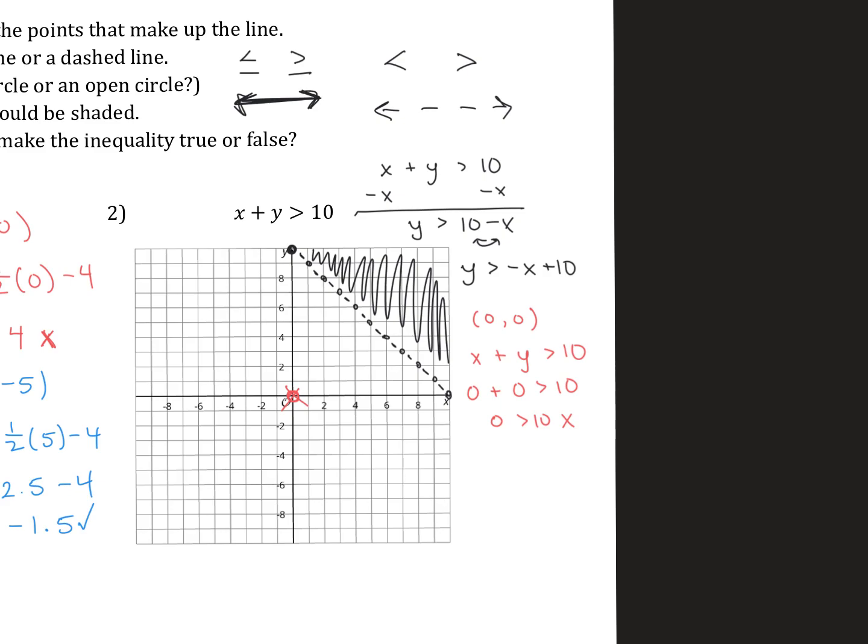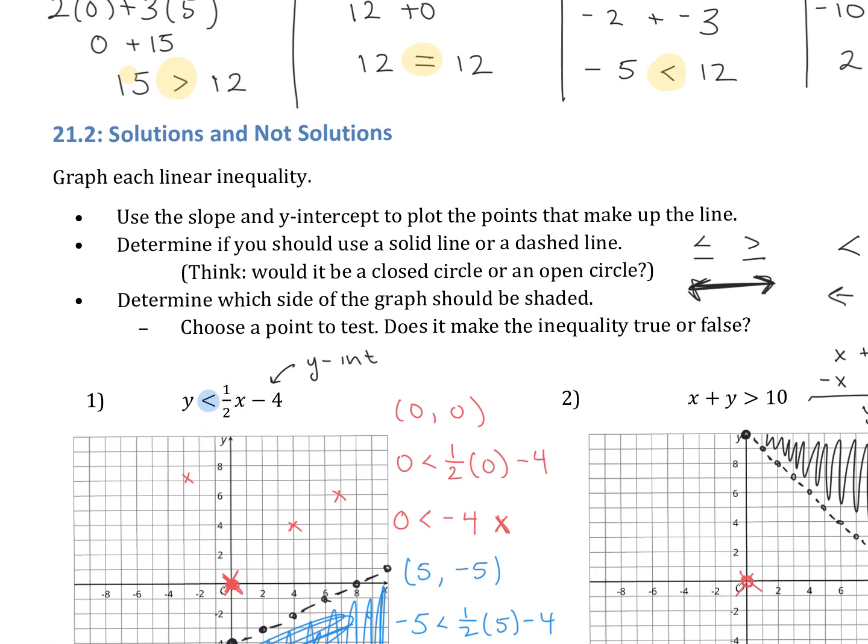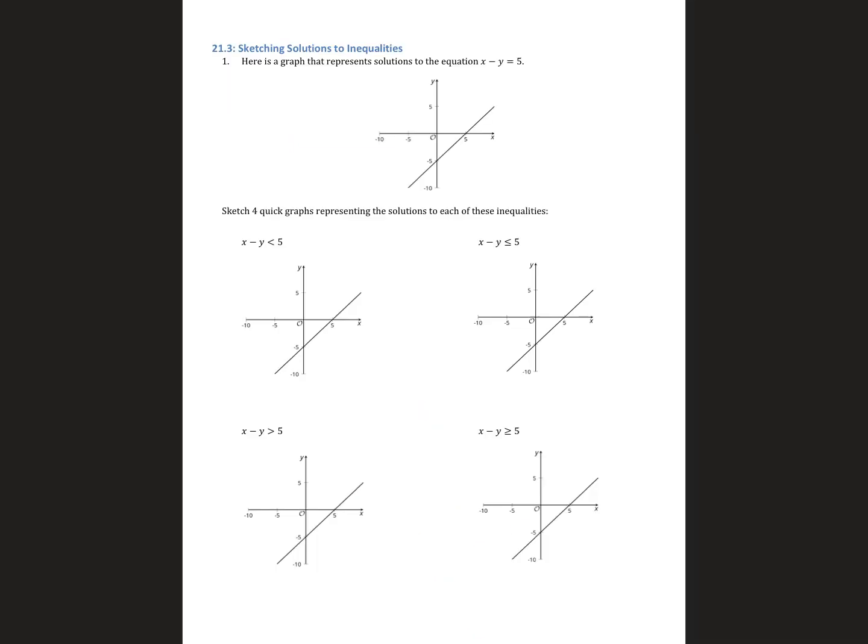It divides the graph into two parts, the part that is the solution and the part that's not. Always go back to your 3 steps that are here. If you follow these 3 steps and follow your examples, you can graph inequalities.